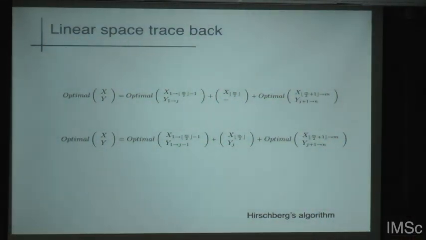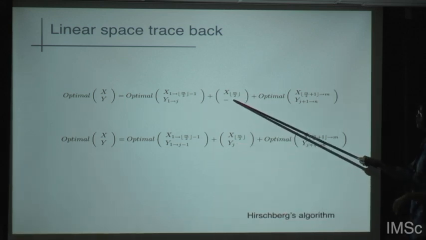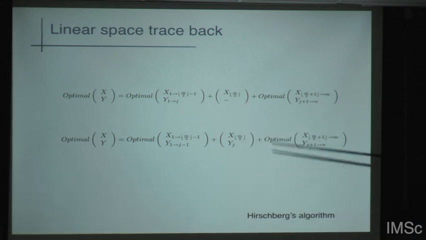The answer you can find out in linear space, no problem. We are trying to get the pointers back, which we have lost in the process. So now you don't have to store any pointers in your matrix. All you're doing is figuring out at every point what j matches with the middle. And then you have two smaller problems.